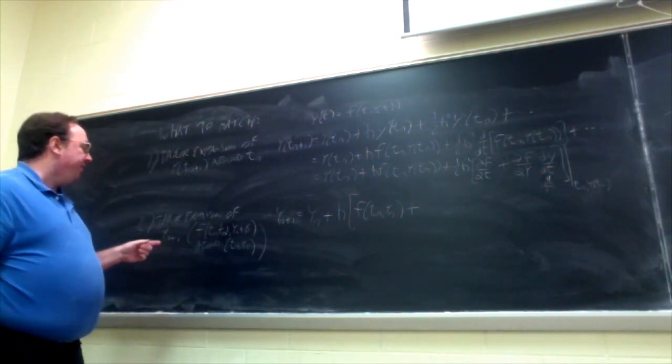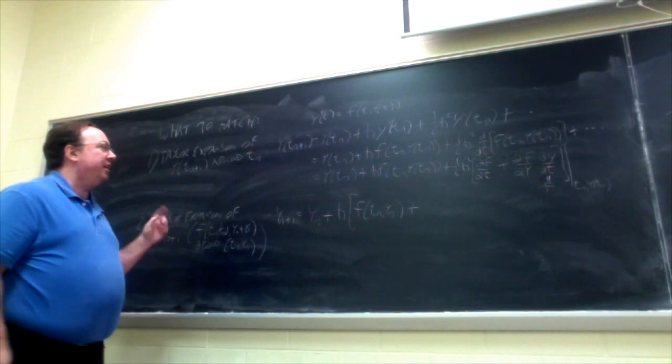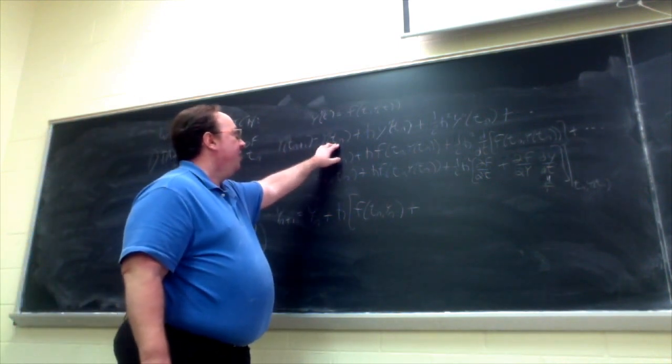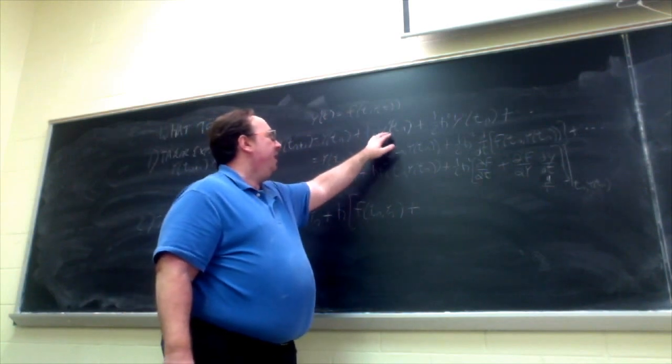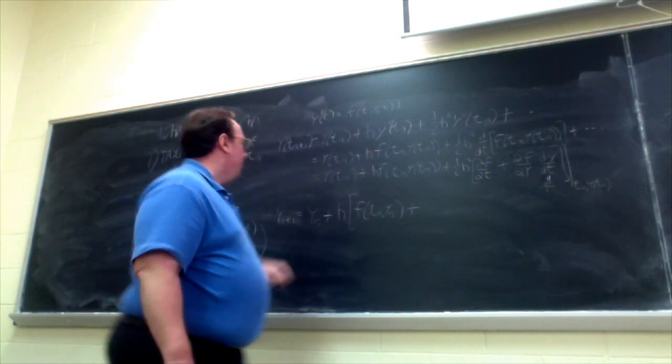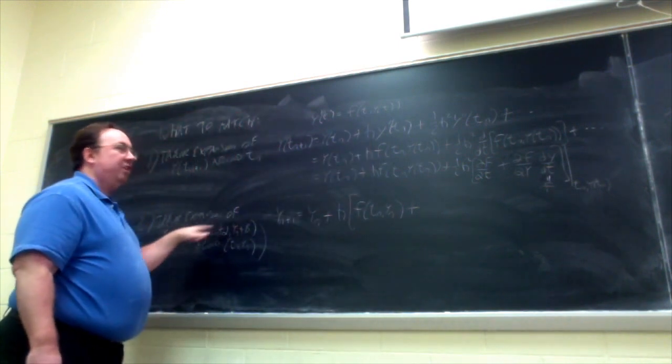And then, because this is a function of two variables, here I have my value of a function at the center, then the derivative at the center times the change in t. But here I'm going to have two such terms.